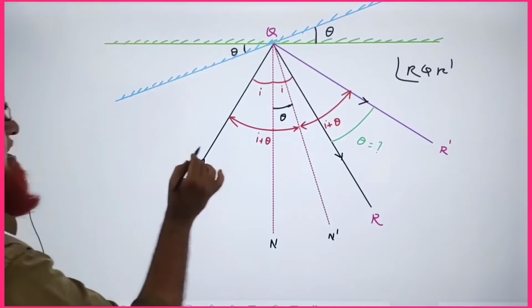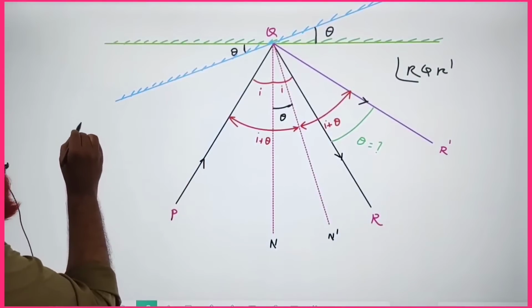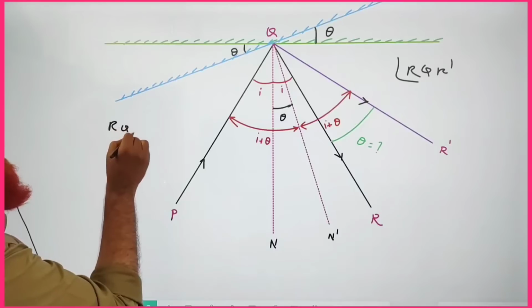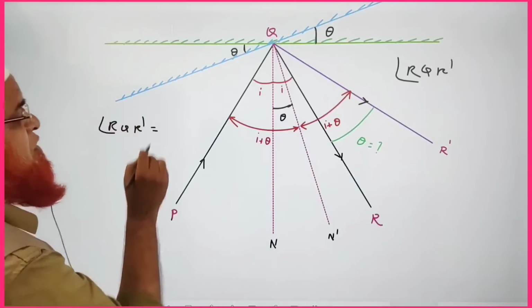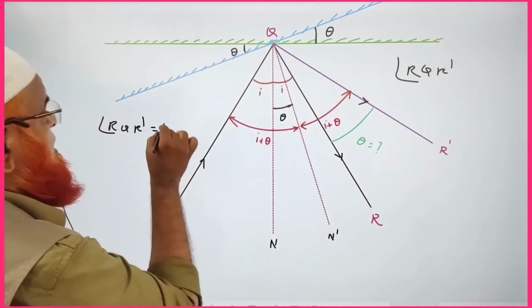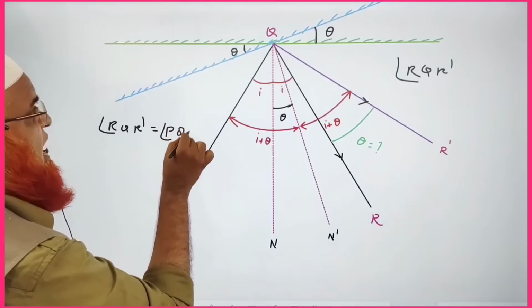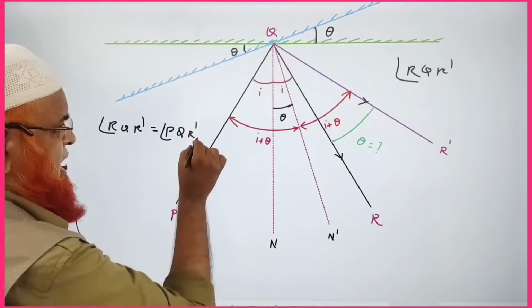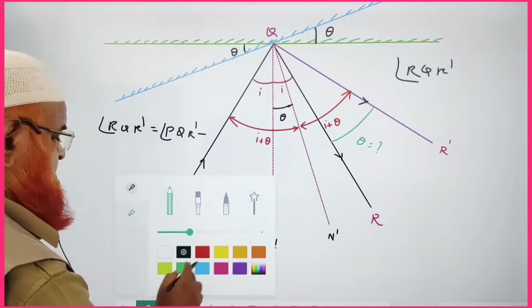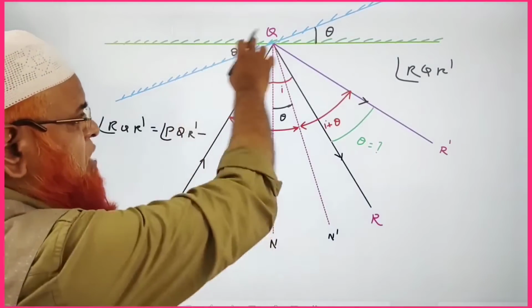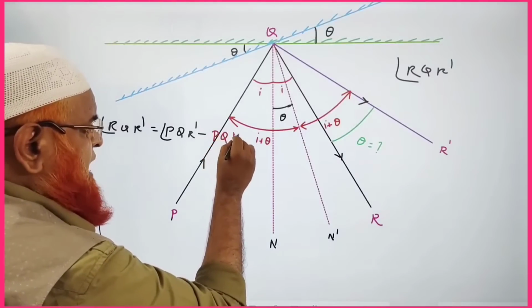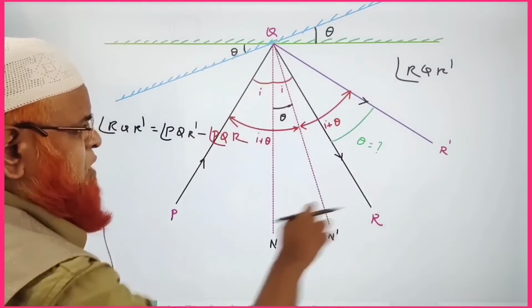You have to find out this R Q R dash. Then you have to take P Q R dash, and subtract from this P Q R dash this angle P Q R.